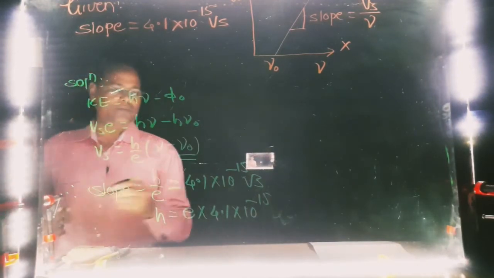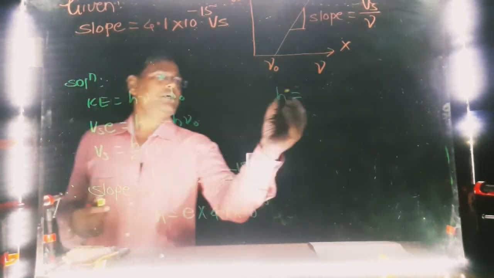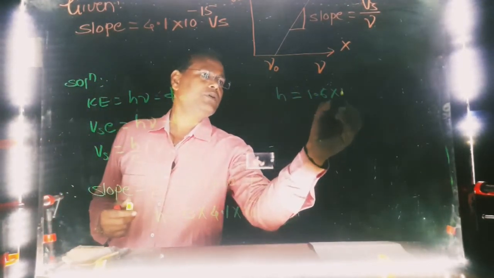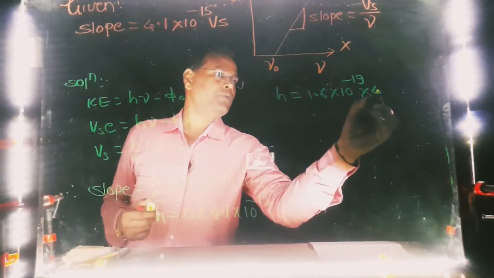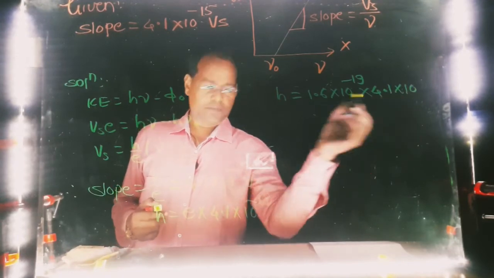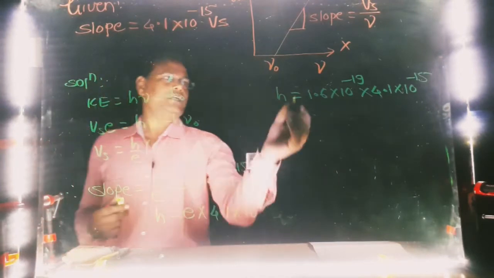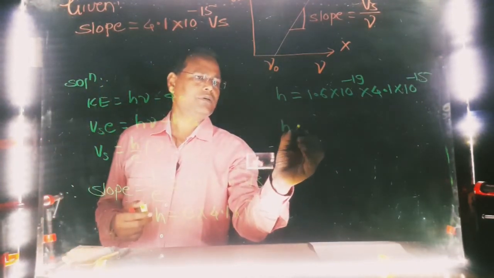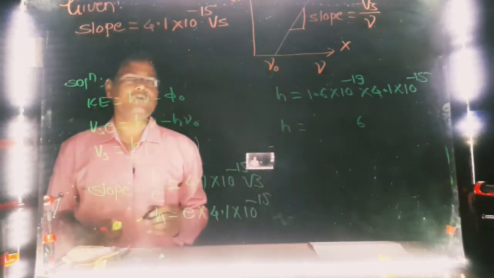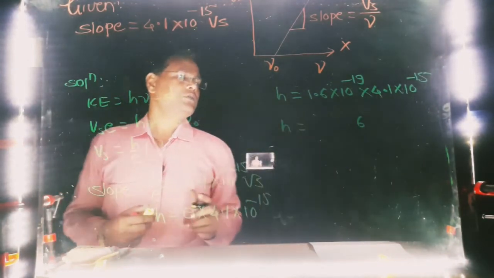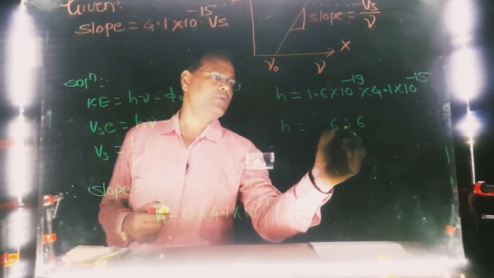So finally this h can be written as E is 1.6 into 10 to power of minus 19 into this 4.1 into 10 to power of minus 15. Multiply by this, 16 ones are 6, carry 1. 16 4s are 64 plus 1, it is 65.